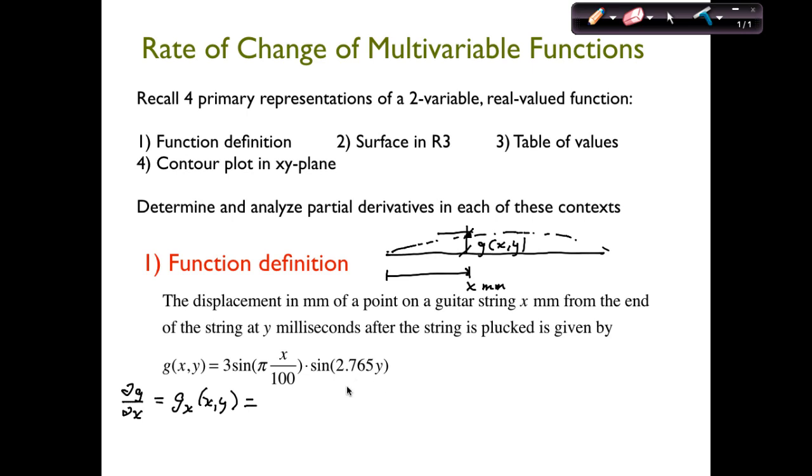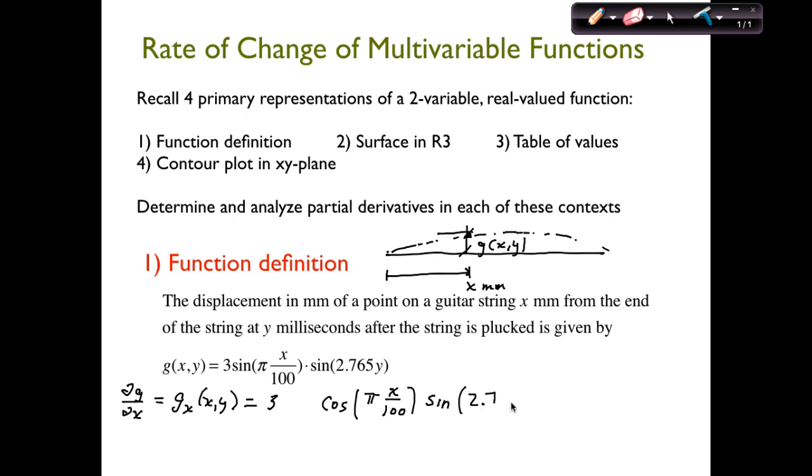Nick? 3 pi hundredths cosine of pi x over 100. So yeah, this says it's a function of x, and so the derivative of sine is cosine. So pi x over 100. But then what about this? With respect to x, what is this? It's just a constant, right? If y is constant, then this whole thing is constant, and it's multiplied, so it just comes along for the ride, right?